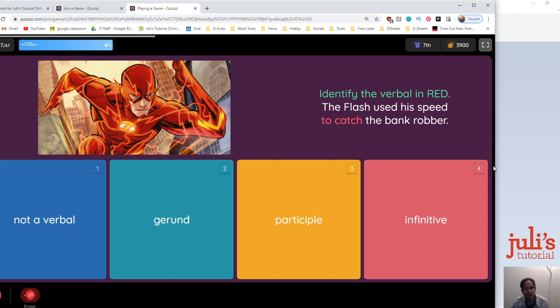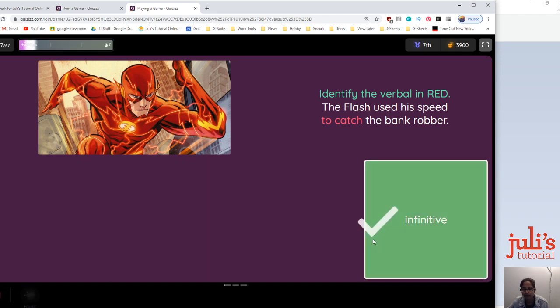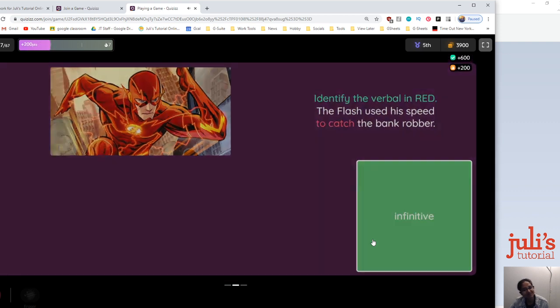Identify the verbal in red. The Flash used his speed to catch. To catch, it has a "to" on it, so in this case it would be infinitive. All right.